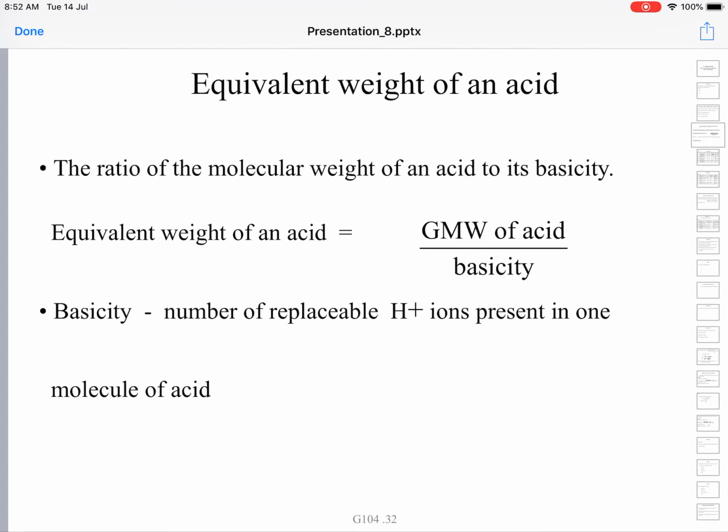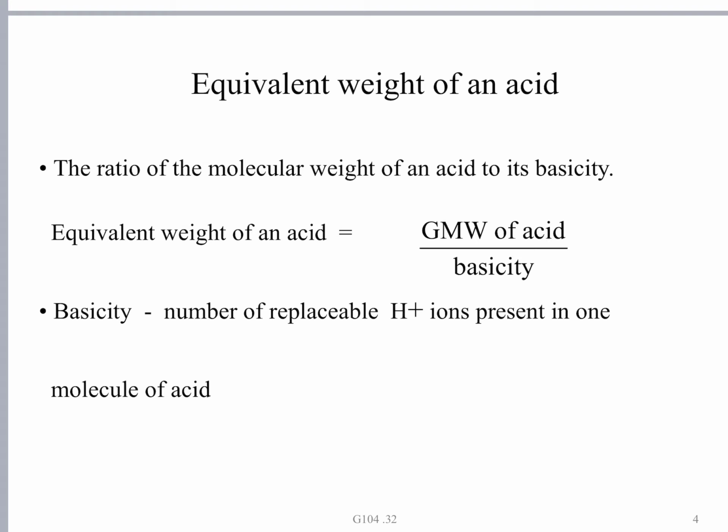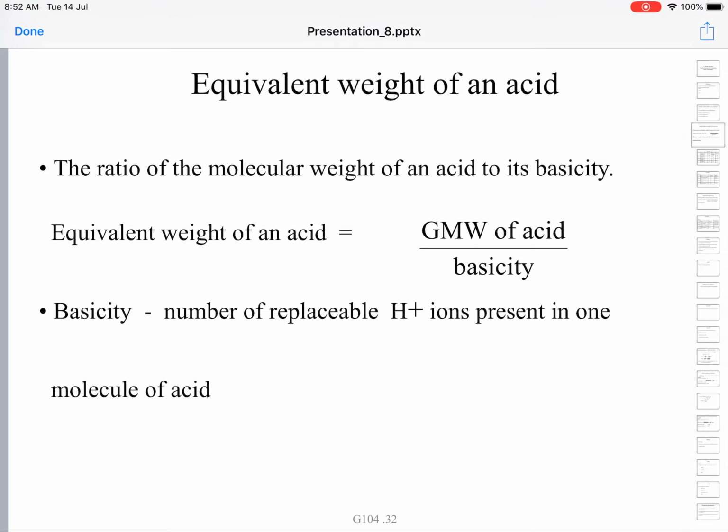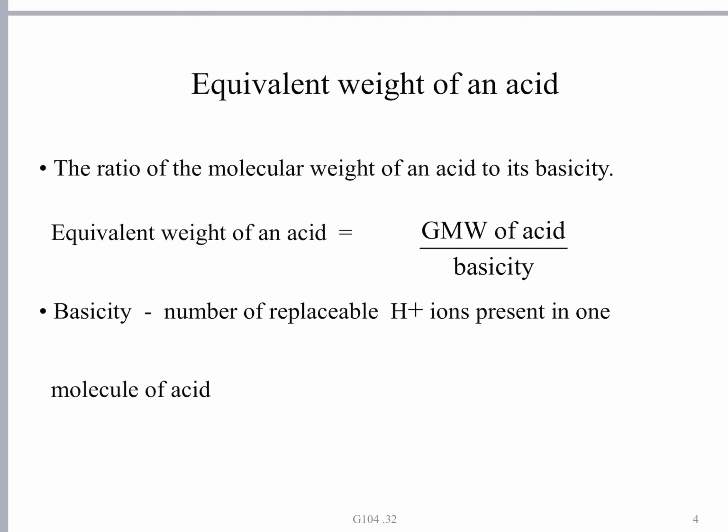Here, 2 of the hydrogens of H2SO4 are getting replaced in the product Na2SO4. So, in sulfuric acid, how many replaceable H plus ions do you have? You have 2 replaceable H plus ions. So, the basicity of sulfuric acid is 2.